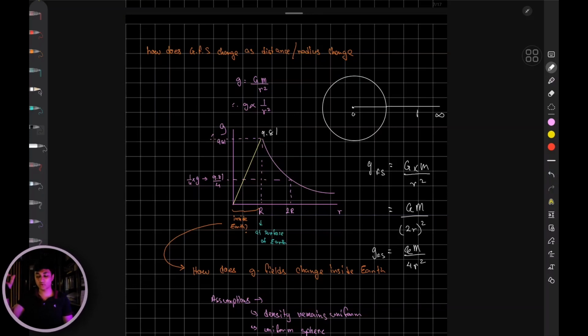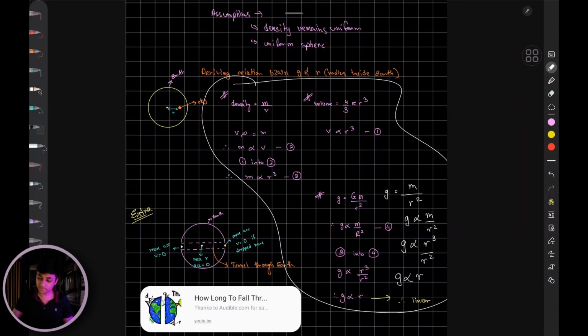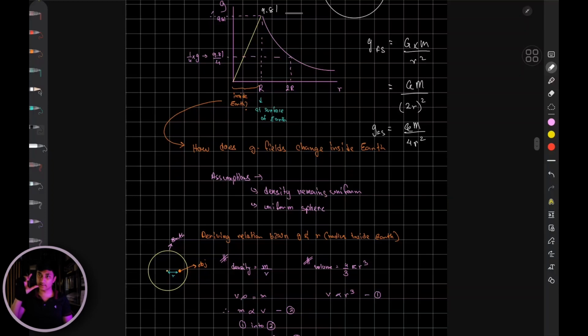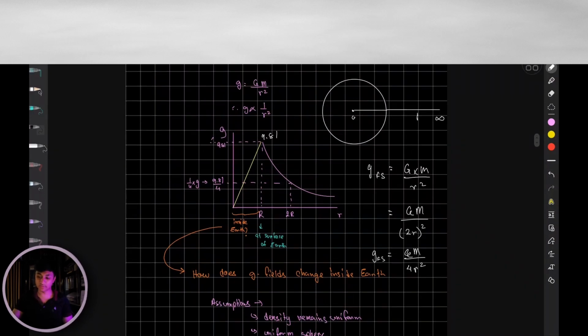So 9.81 on the surface, at the center 0, and it increases linearly. It's a straight line, right? And how did we prove this? Through this derivation. Great. Fair enough. So inside the Earth, the gravitational field strength varies proportionally with the separation, that is from the center.